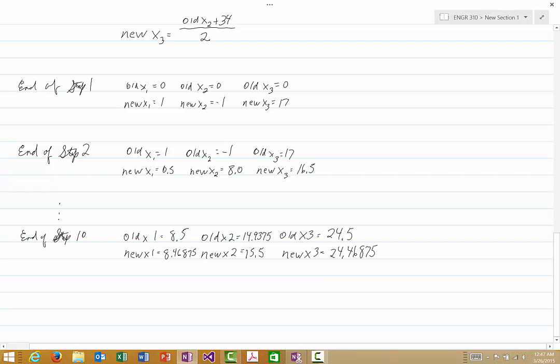And so let's compare now. Well, obviously we have much better agreement between the new x's and the old x's than we did in steps 1 or 2. It looks like there's a relatively small difference between old x1 and new x1. And now the difference between old x2 and new x2 is still relatively large, but quite a small difference between old x3 and new x3.